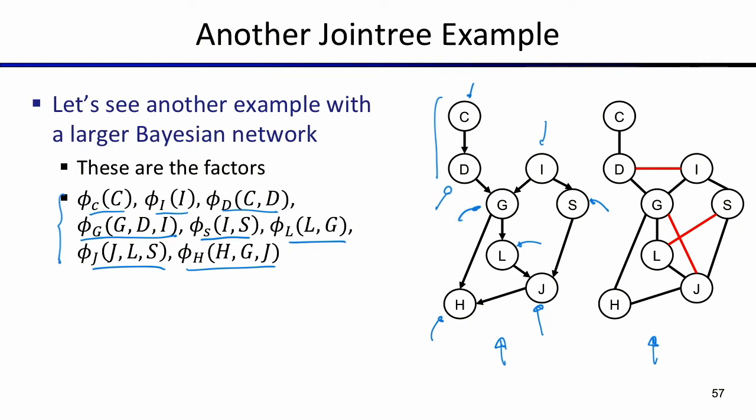So we have one factor for each of the nodes. We need to find a Jointree, you don't know how to do it yet, but it's going to be given to us, and associate those factors with the Jointree clusters. Next slide.